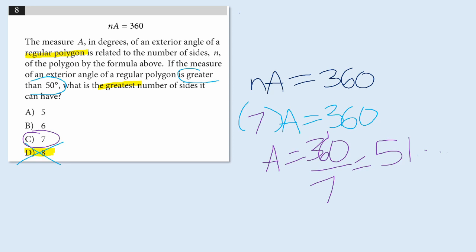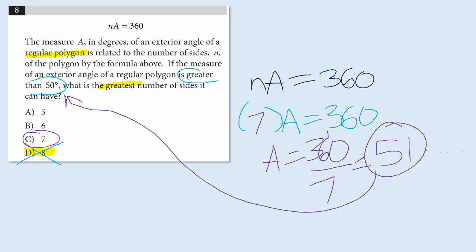So let's think about 51. Is 51 greater than 50? Well, it is. That's a good result. A 7-sided figure gave me a value of A that is greater than 50 degrees. So I know that C works.